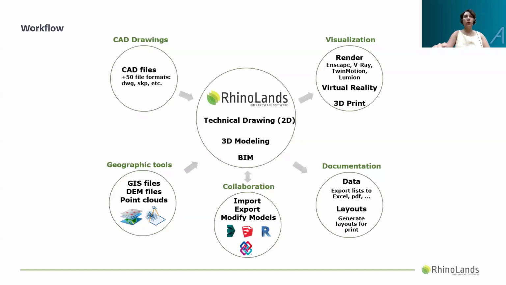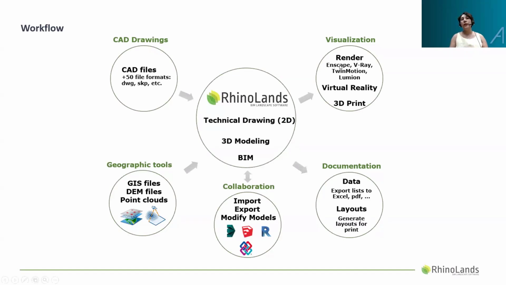So let's see what the workflow would be using the program. Basically, RhinoLands is a standalone, complete program. You can do everything from drawing to documentation inside the program. But in case you have some CAD files or CAD drawings, like AutoCAD files or SketchUp files or these kinds of file formats, you can open them in RhinoLands and then continue working and modeling.